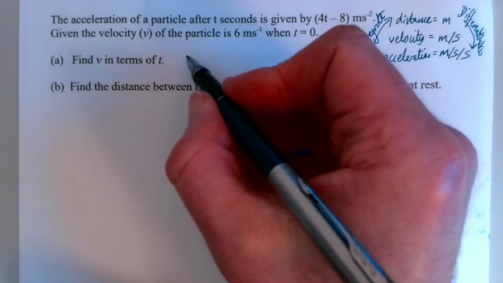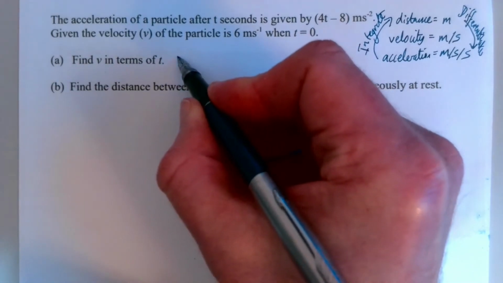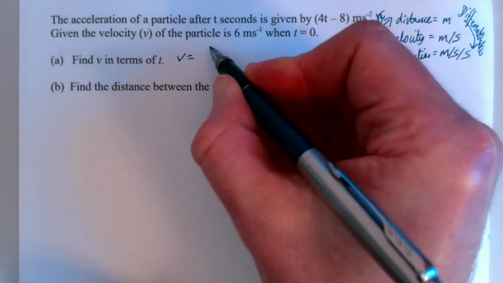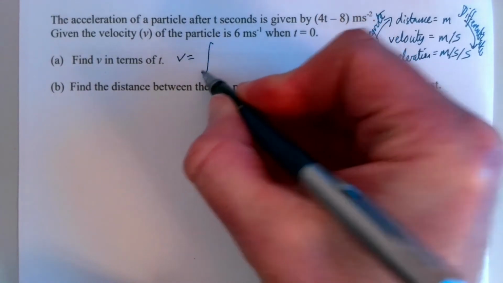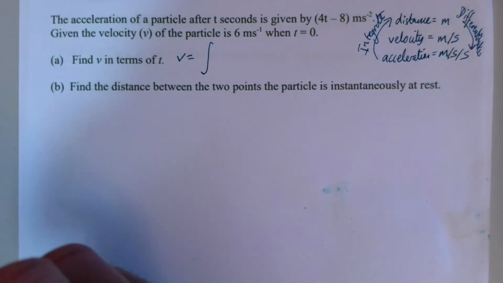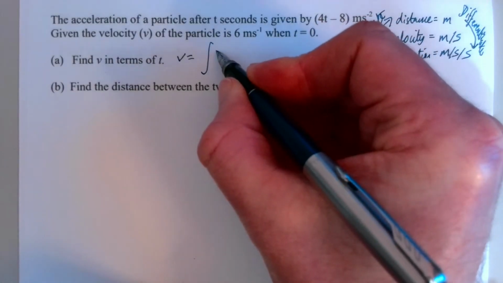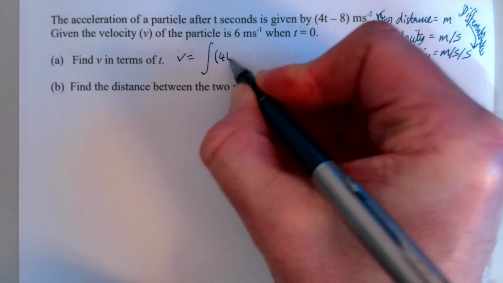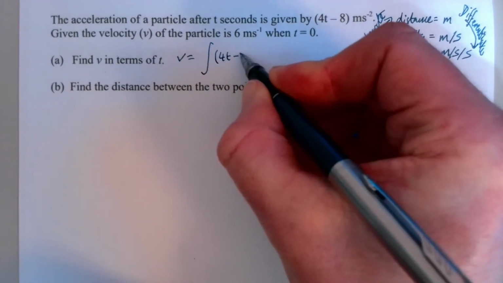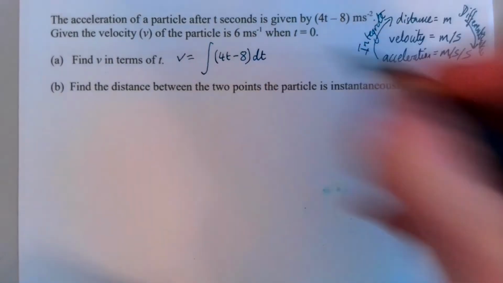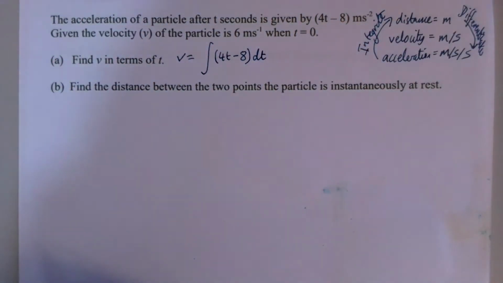In terms of saying what we're going to do, we should write v equals the long S. I always want to call it a sigma. I'm not quite sure if I'm allowed to call it a sigma or not, but anyway, and then we've got the expression for the acceleration, and that needs to be integrated with respect to t.